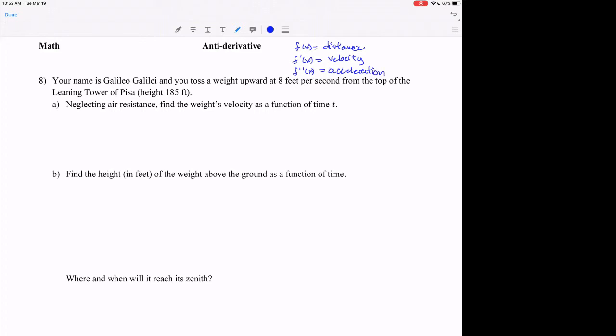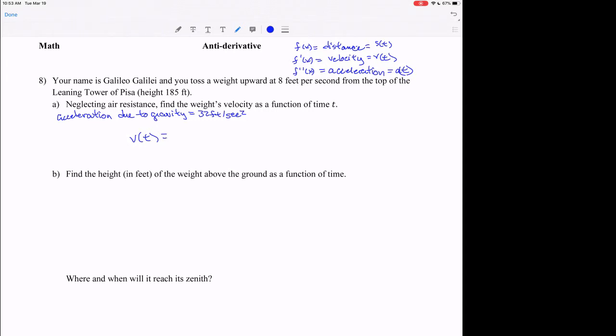All right? So if I tell you acceleration due to gravity equals 32 feet per second squared, and I give you this information, then you know that your v of t, so this is typically written as s of t, this is typically written as v of t, and this is typically written as a of t.